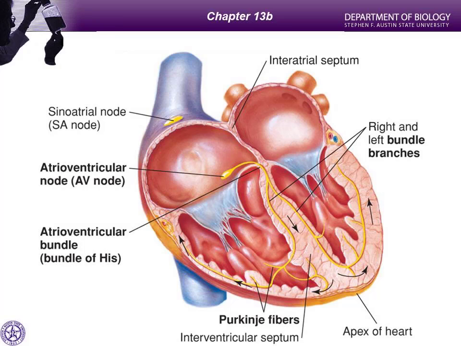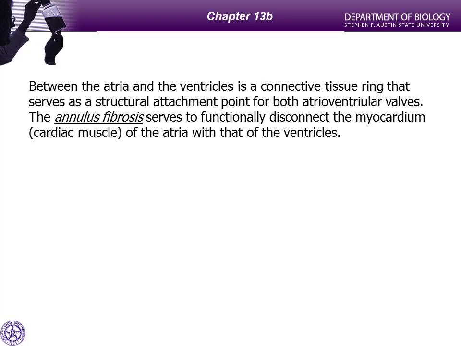Now, here's an important sort of structural, functional concept that I want you to understand. The heart is comprised of cardiac muscle. And cardiac muscle cells are tied together with intercalated discs, which include gap junctions that allows them all to electrically be tied together. Until we look at the region between the atria and the ventricles. This is where we're going to attach the valves.